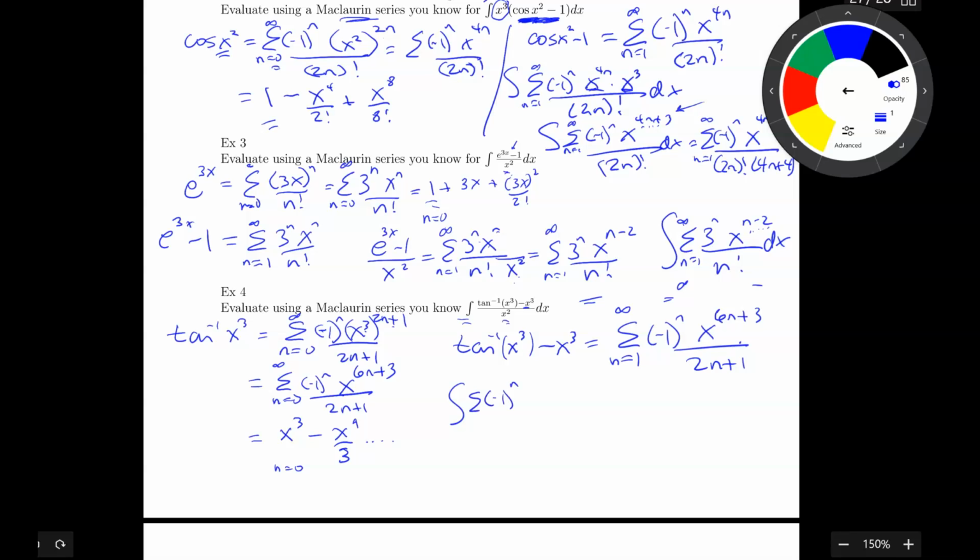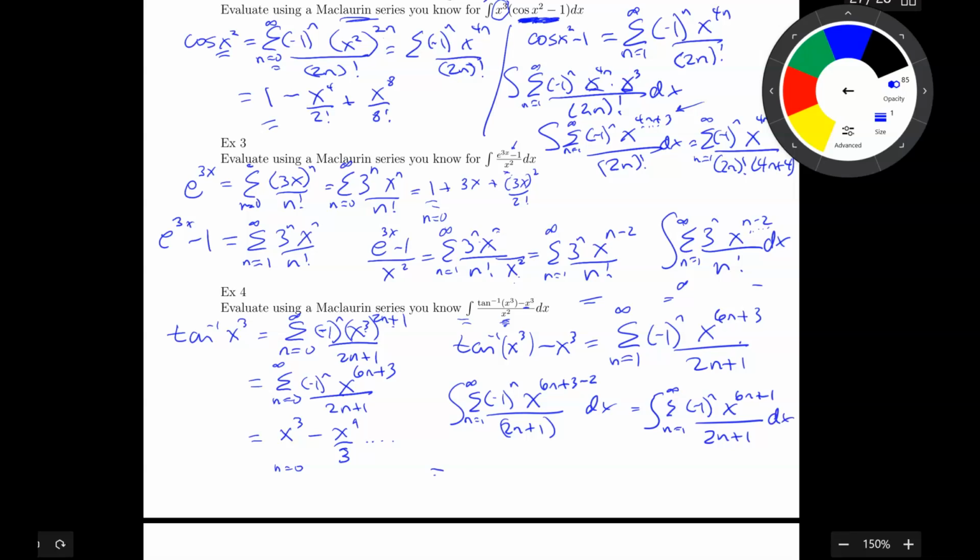So 2n plus 1 is in the denominator, n equals 1 to infinity. If I'm going to divide through by x squared, I'm going to have x to the 6n plus 3 minus 2. So let's fix that: negative 1 to the n, x to the 6n plus 1, and then 2n plus 1 down here.